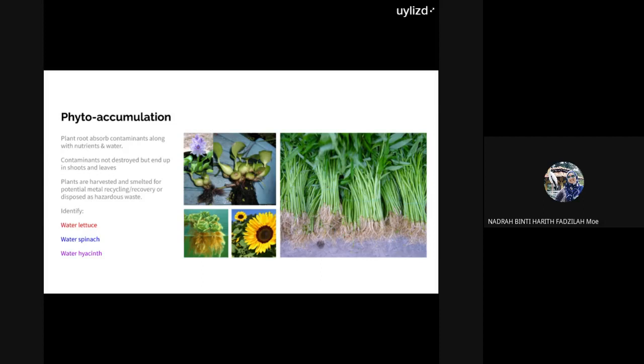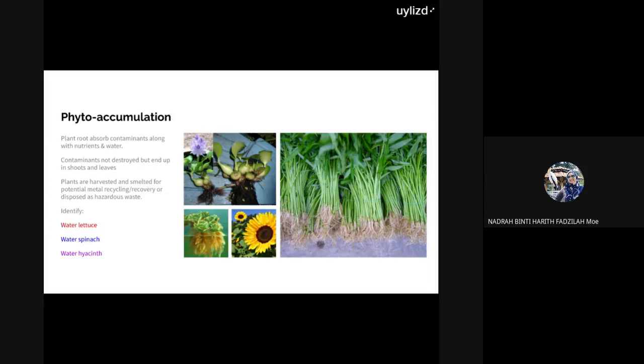Sebab dia hanya absorb dan store, so dia under group phytoaccumulation. Nanti kalau kamu pergi high level, kamu akan jumpa phytodegradation. Dia bukan saja absorb dan accumulate, dia boleh pecahkan pollutant tu into non-toxic form. So that is a higher level punya proses lah.